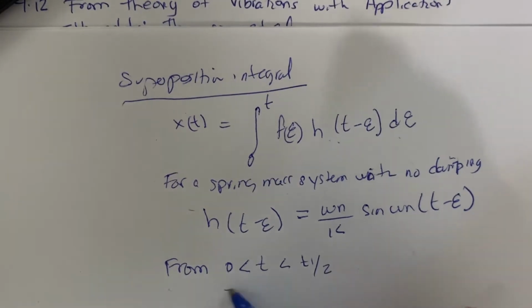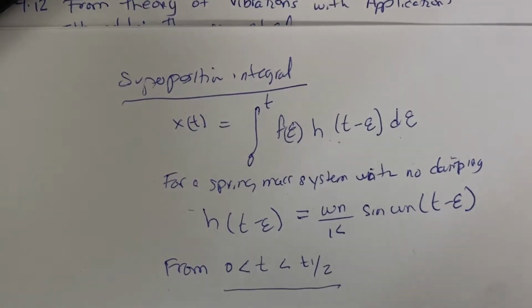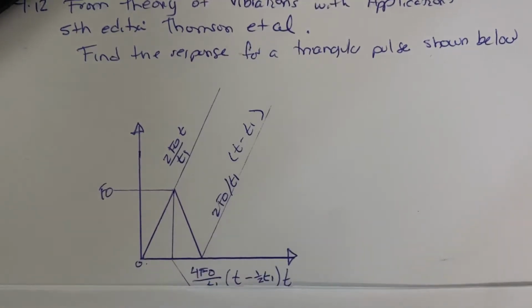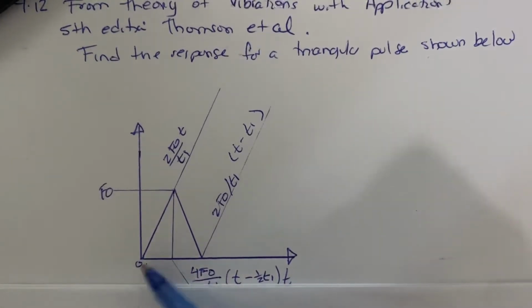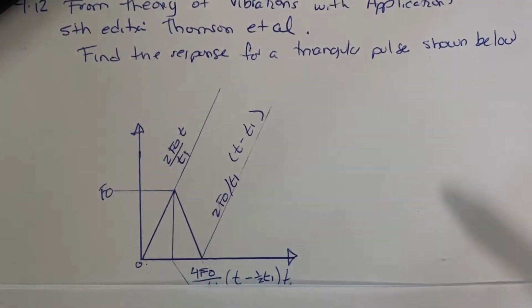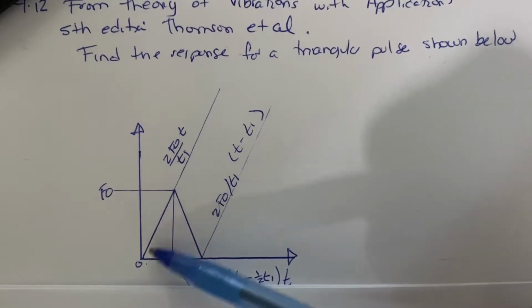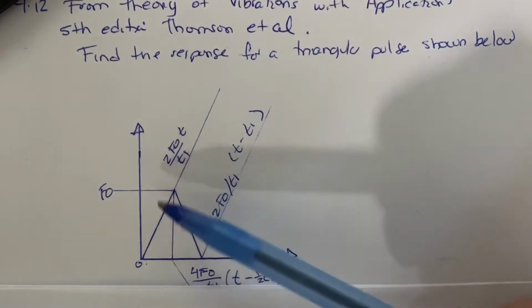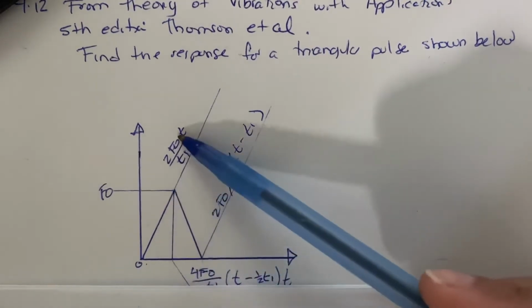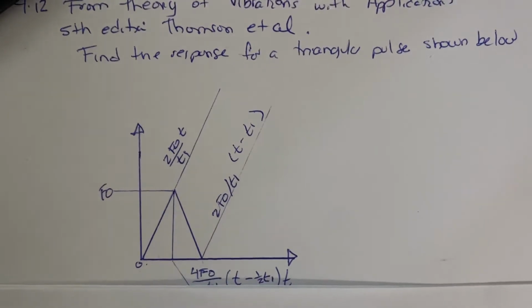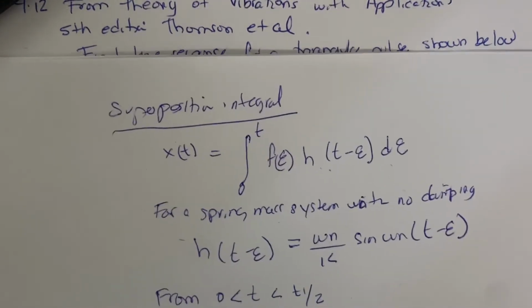This is the interval that we're going to be working on, which is this section of our drawing from 0 to half t1, because from here to here is the whole time. In that interval, the function is equal to 2F0, F0 is the amplitude here, over t1, times t. So let's substitute that in our convolution integral.